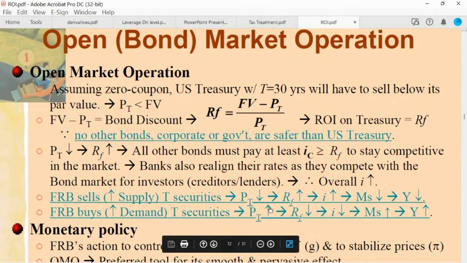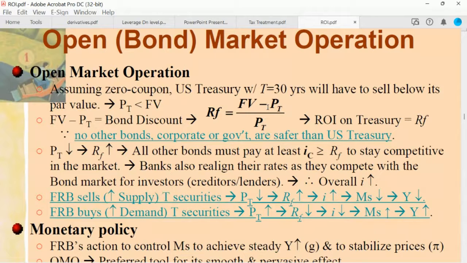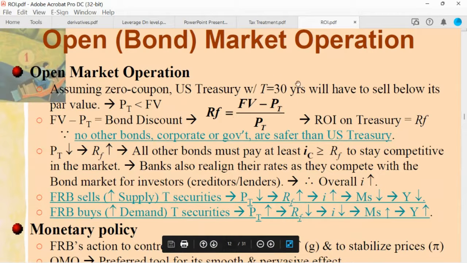And as the price rises, then return falls because the capital gain portion, the numerator, gets smaller and the denominator goes up. So the whole fraction goes down. So risk-free return goes down. As the risk-free return goes down, overall interest rate in the economy goes down.